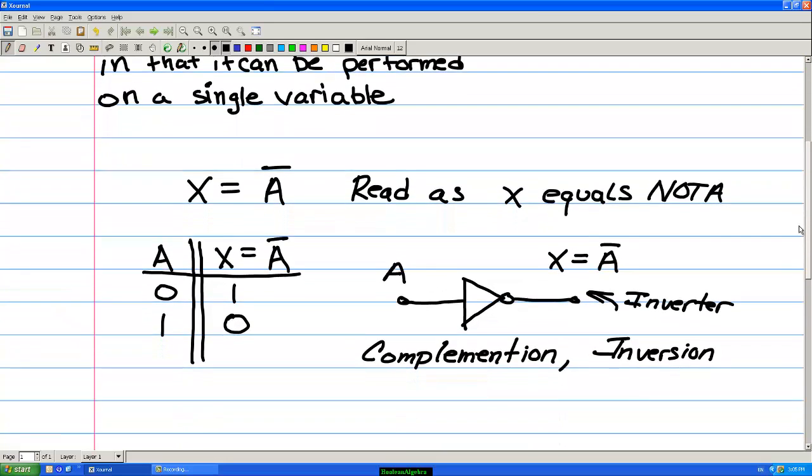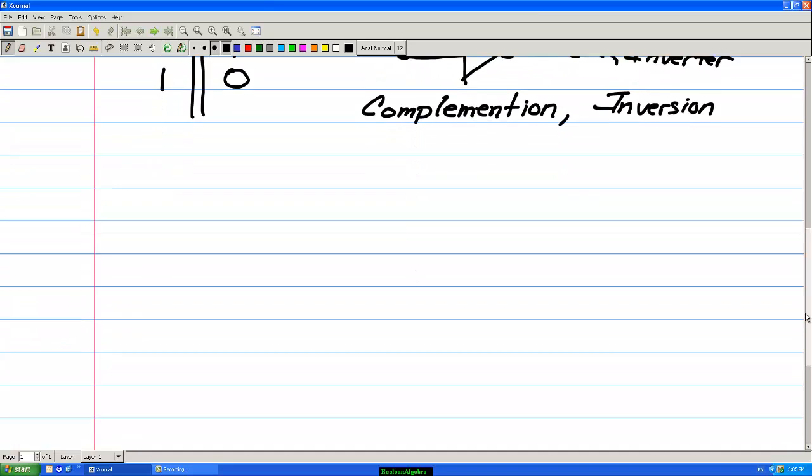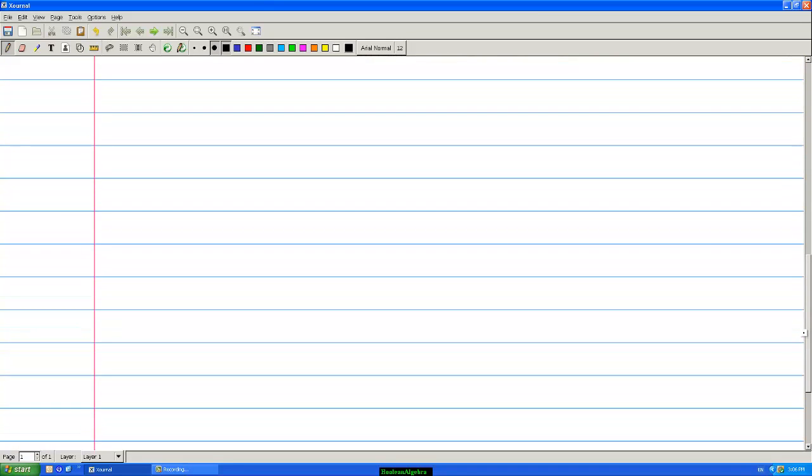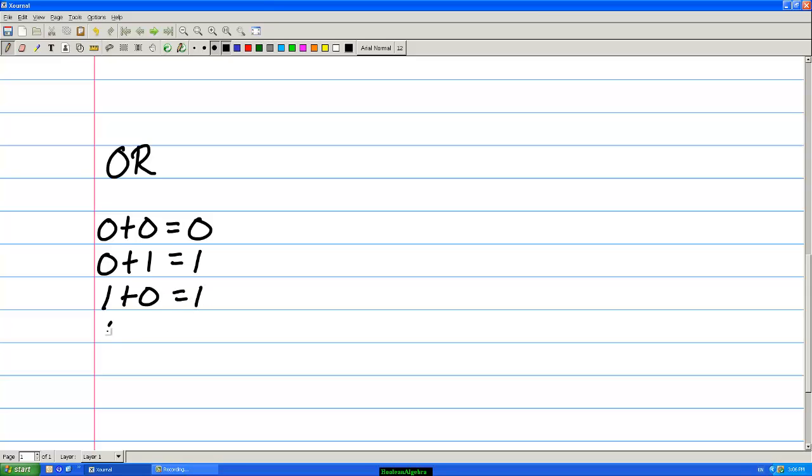So finally, let's summarize the three basic operations we just covered. We have the OR operation, and we saw that 0 or 0 is equal to 0, 0 or 1 is equal to 1, 1 or 0 is equal to 1, and 1 or 1 is equal to 1.